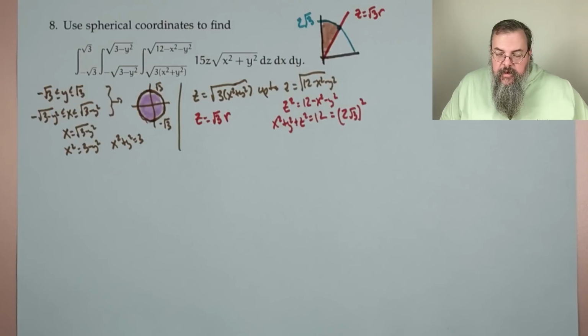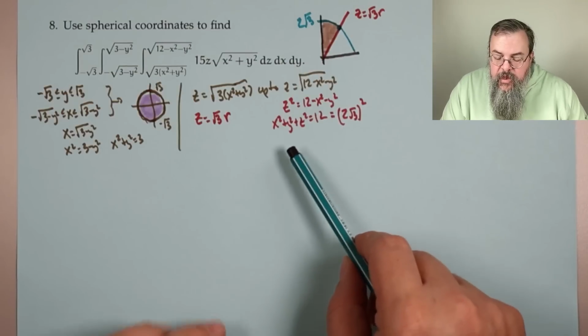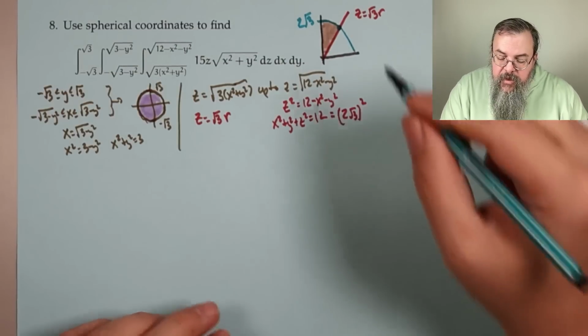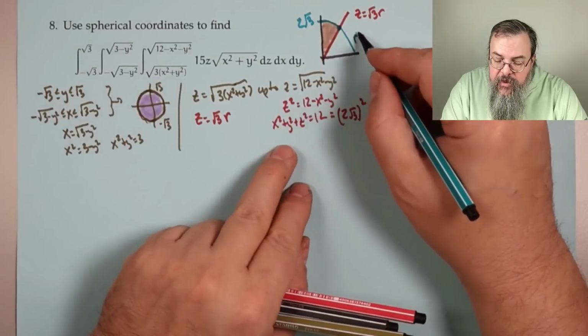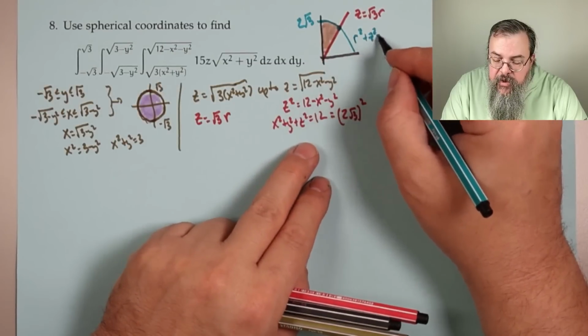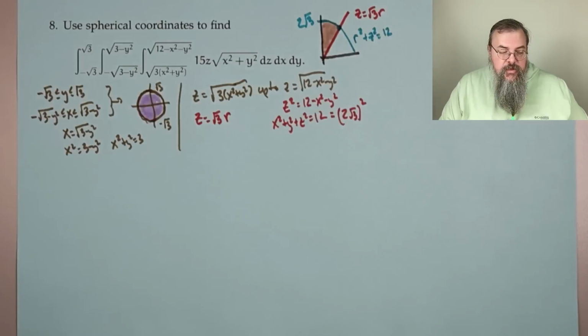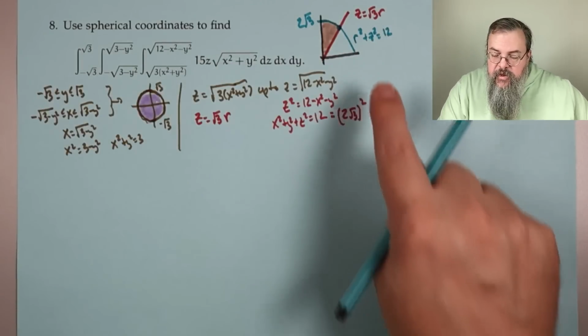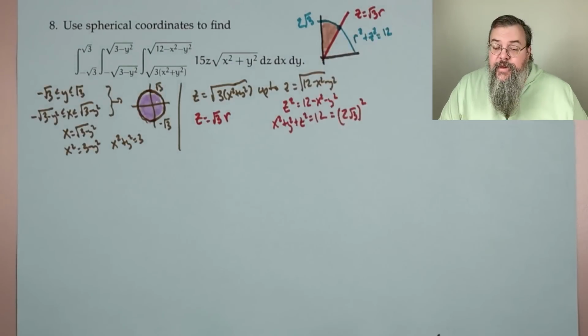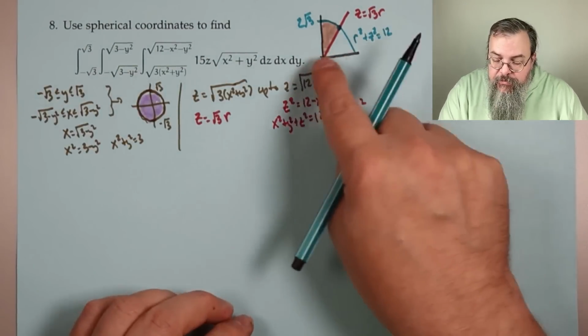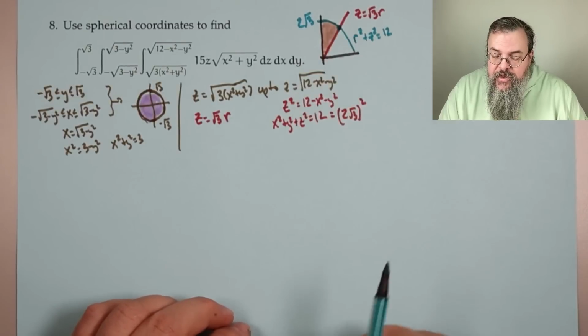Well, in the RZ plane, this becomes r squared plus z squared equals 12. So suppose that we tell you that z is root 3 times r, because that's true at the intersection.